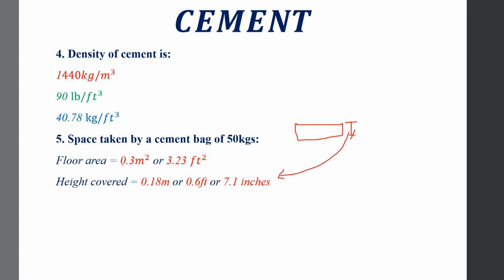So simply we can say that one bag, when stacked on the surface of earth, will occupy an area of 0.3 meter square or 3.23 feet square, and when lying on any flat surface, it will cover a height of 0.18 meters, 0.6 feet, or 7.1 inches.